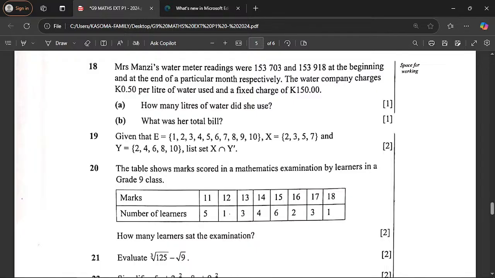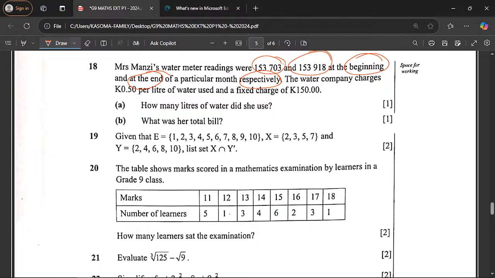When they use the word respectively, you need to understand it means in that order. The reading for the beginning is the first one, and the one mentioned first connects with the one mentioned first in the other set. So the end matches with this one.